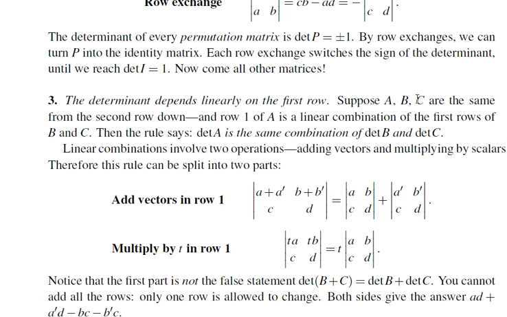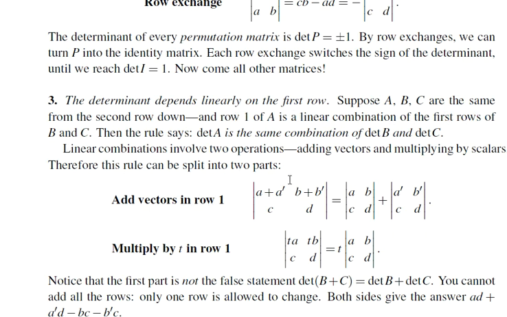That is, suppose the rows from the second row down are the same, C and D are the same, and row 1 of A is a linear combination of the first rows of B and C.